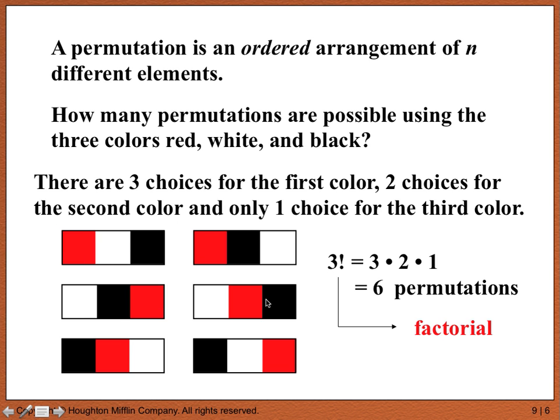In the second row here, I have white assigned to the first slot. And of course, if white's already assigned to the first slot, there are only 2 options for the other two slots, right? So I can have white, black, red, or I could have white, red, black. And finally, using the same logic, black, red, white, or black, white, red. And so these are the 6 different possibilities.